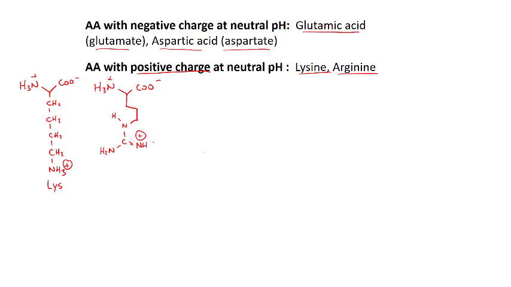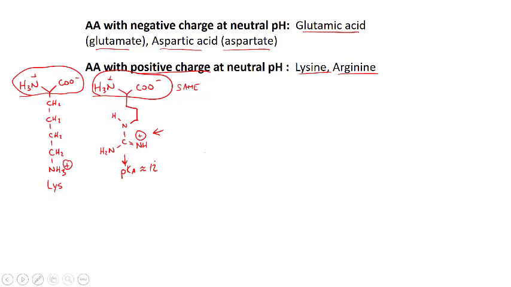That's arginine. But once again, the main group is going to be the same. It's the charge on the side chain that dictates the charge of the amino acid. Arginine has a pKa value of right around 12, which means that it's going to be positively charged until you get up to a pH of 12 or above. So in effect, it's always going to be positively charged. Lysine has a pKa of around 10.5.